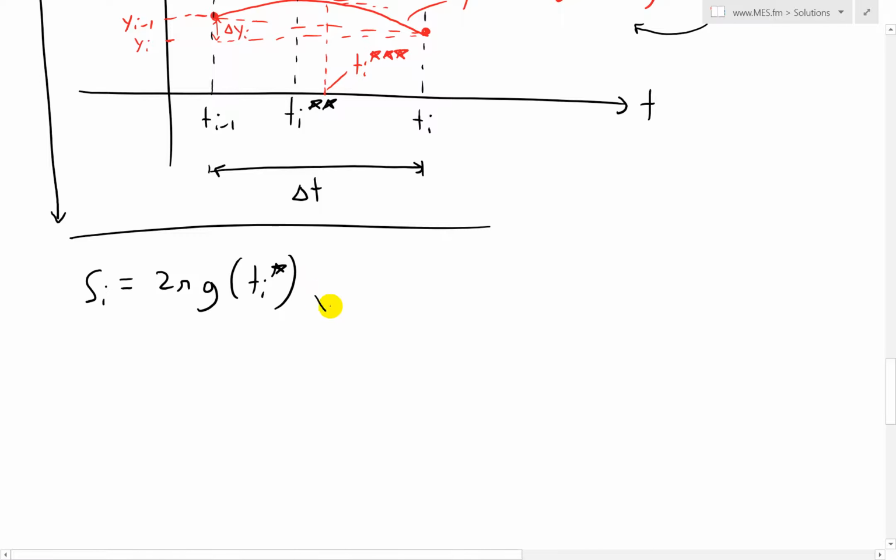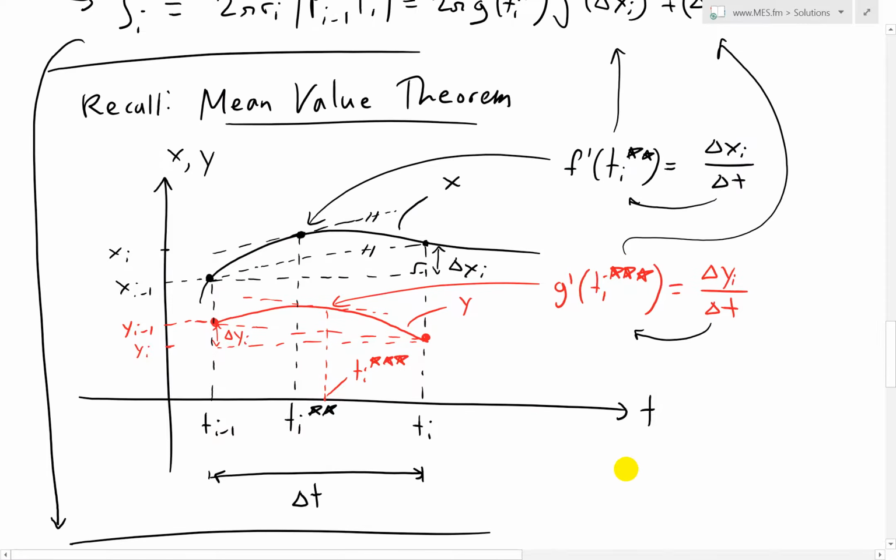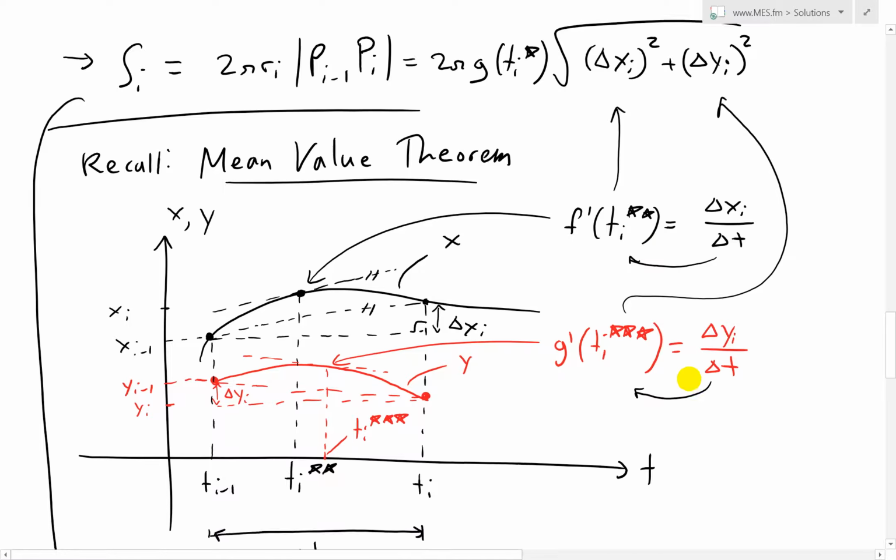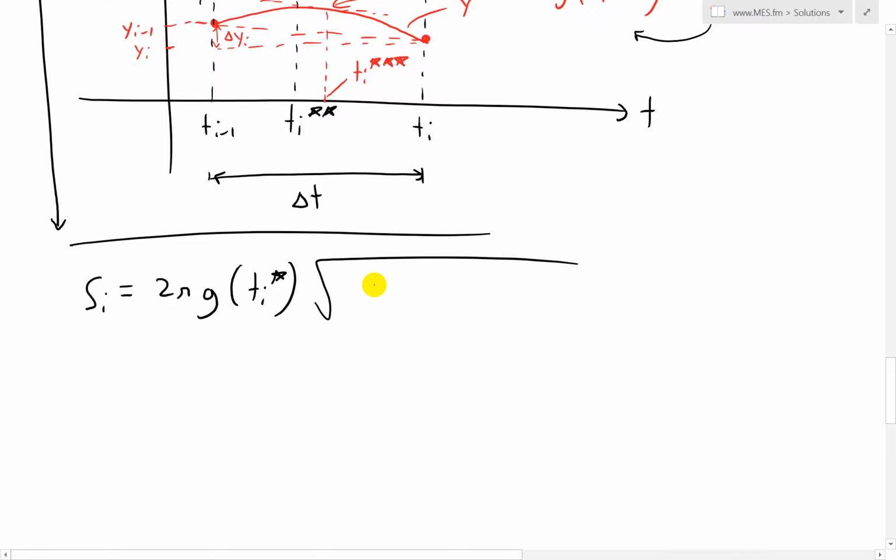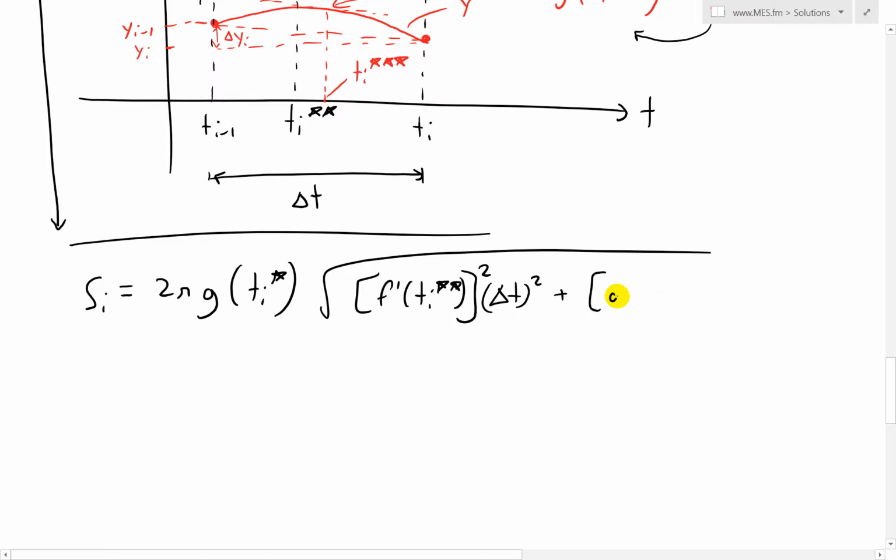This equals a square root. Now inside this we are squaring, instead of delta xi, we put this f prime double star times delta t. So now we have f prime of ti double star squared, as well as delta t squared, and move this square root even further, plus the same thing for the g: g prime ti triple star squared, times delta t squared.